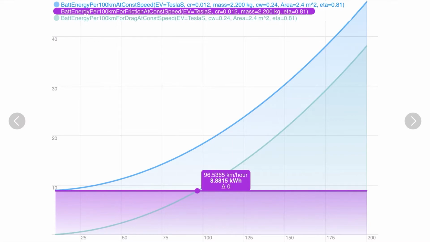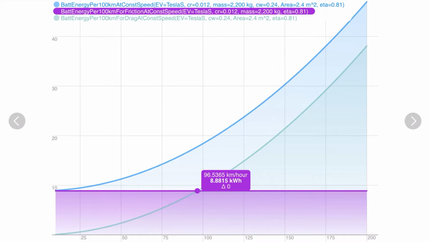Here's the first graphic, and you can see here we have the electrical vehicle Tesla Model S. We are assuming a rolling resistance coefficient of 12 thousandths. We have a mass of 2,200 kilogram, and I'm assuming here an efficiency factor of 0.81. Why 0.81?